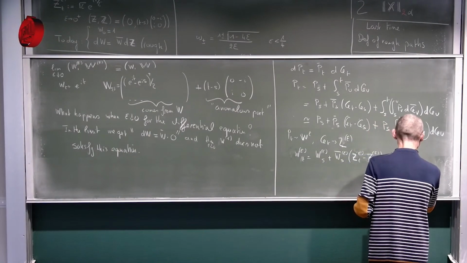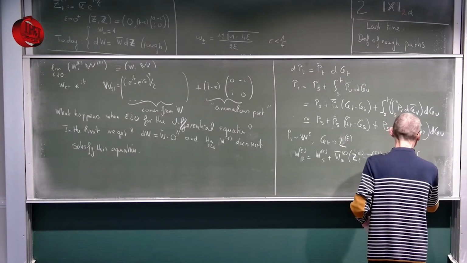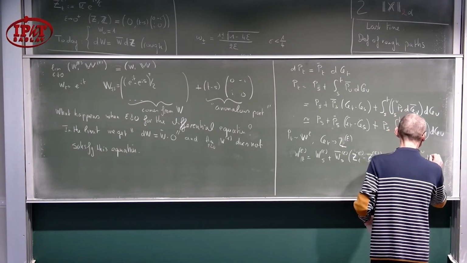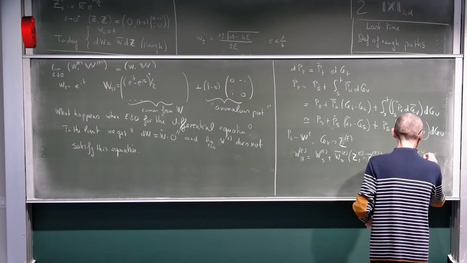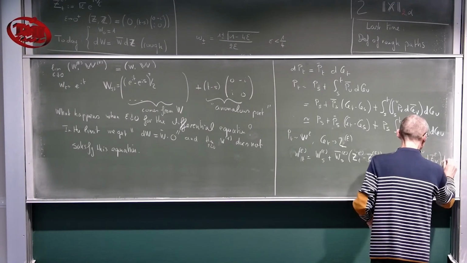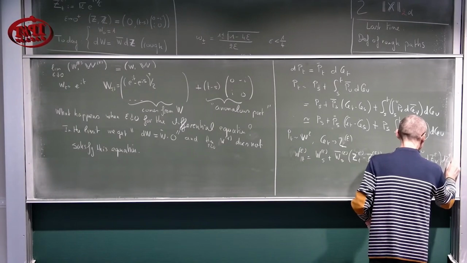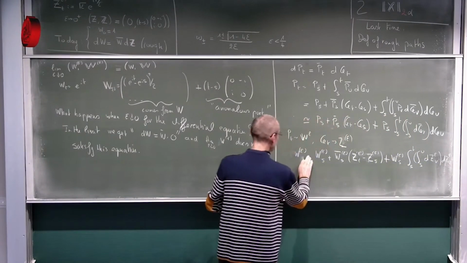It's okay. So it's T S to U d Z epsilon V d Z epsilon U. Okay, so no real surprise with this.